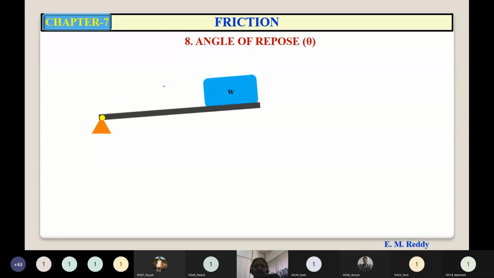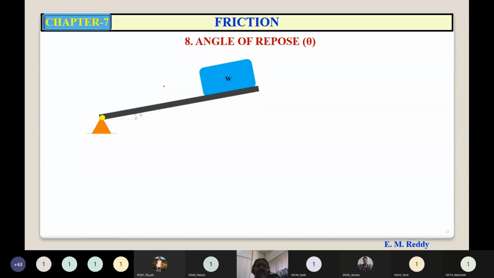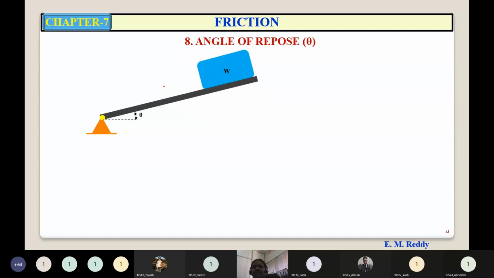Am I right? So in this position, the body is not having any tendency to slide along the surface. Platform is horizontal and you are tilting the platform. Then as the angle theta is increasing, the tendency of this block to slide down the plane increases.